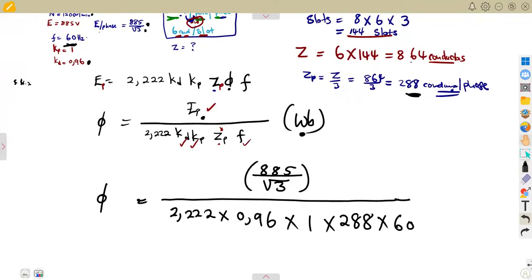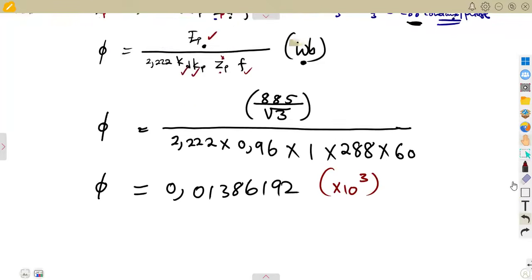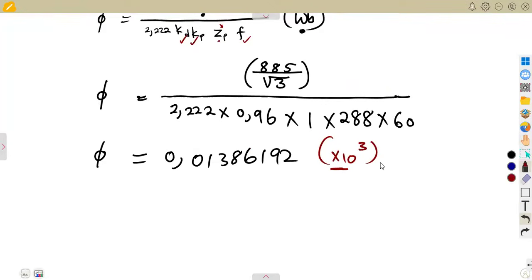So you must be very careful how you present your values. This is going to give us a decimal, 0.01386. If you want to write it to 3 decimal places, you write it in Webers, which is fine. If you want to convert to milli-Webers, you multiply by 10 to the exponent of 3, which is the opposite of milli-Webers being times 10 to the exponent of -3. So by multiplying by 10 to the exponent of 3, we are converting to milli-Webers.